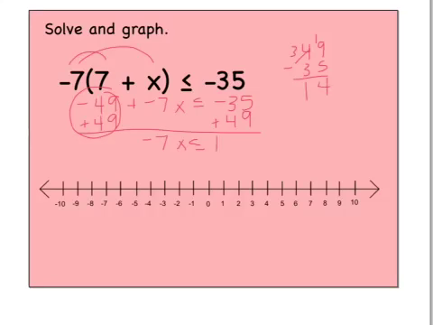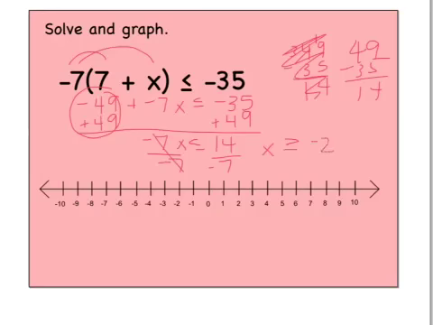We get 14. Then we divide by negative 7. When we divide by a negative, we have to reverse our inequality, so we get x is greater than or equal to negative 2. And close this and shade to the right.